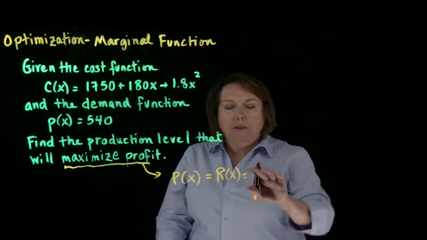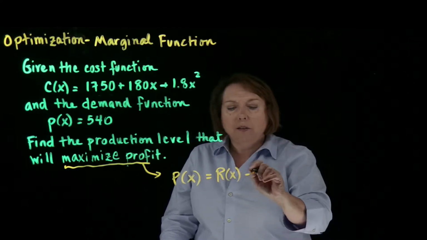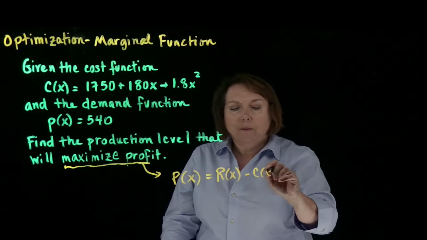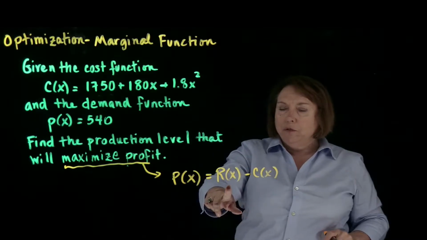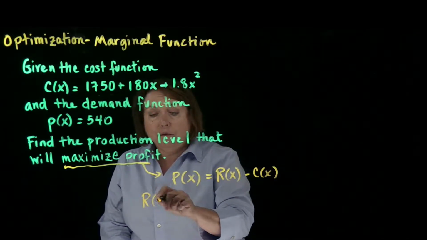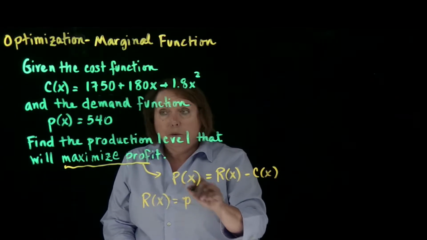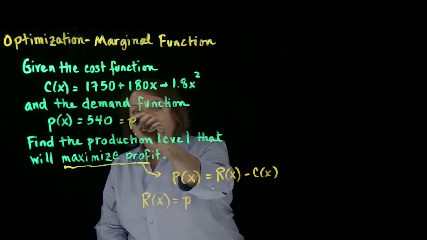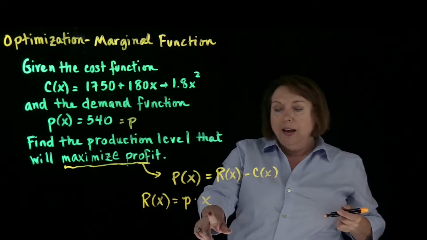Profit is equal to the revenue function minus the cost function. We're given the cost function, but we don't have the revenue function, but we can find it pretty easily because the revenue function is just going to be the price, which is p of x, that's equal to p, times the quantity that we're making, which is x.